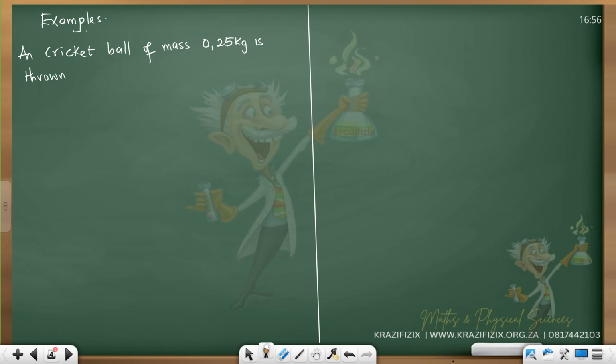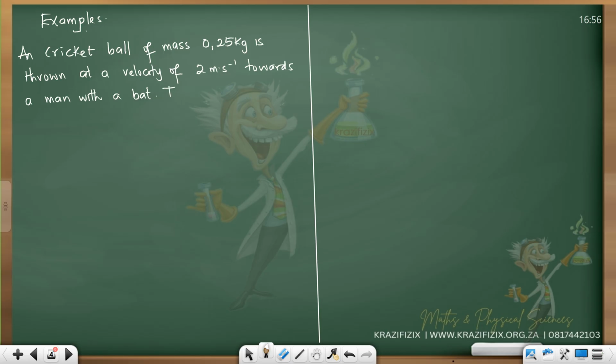Is thrown at a velocity of 2 meters per second towards a man with a bat. You know cricket, right?